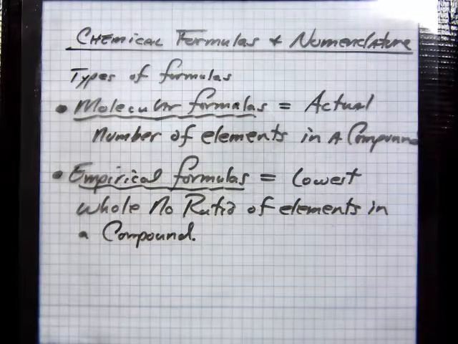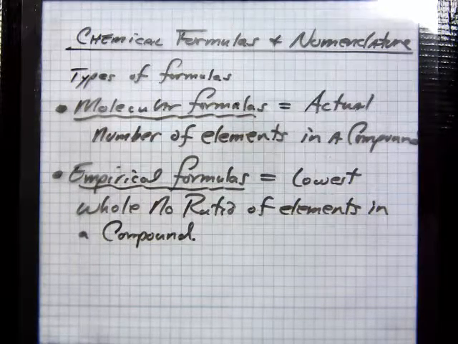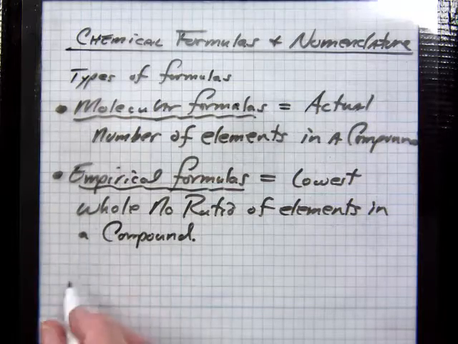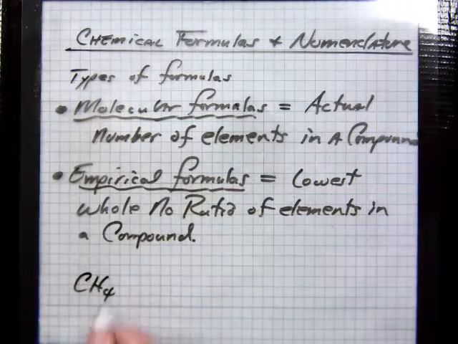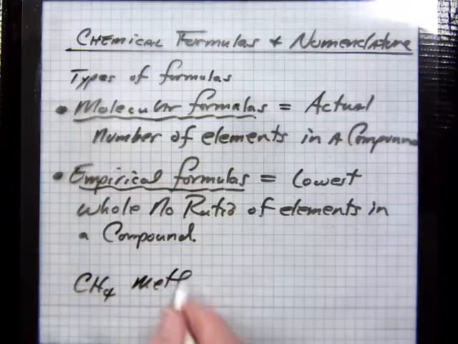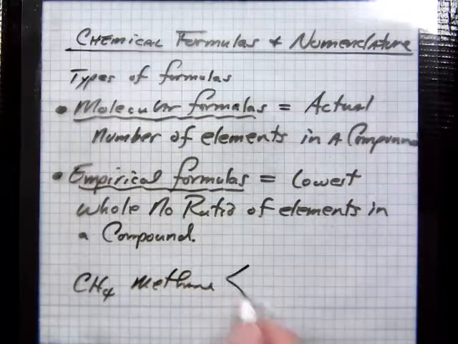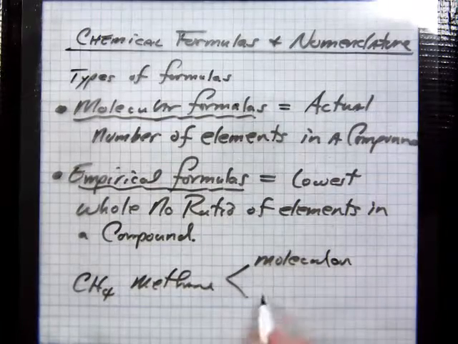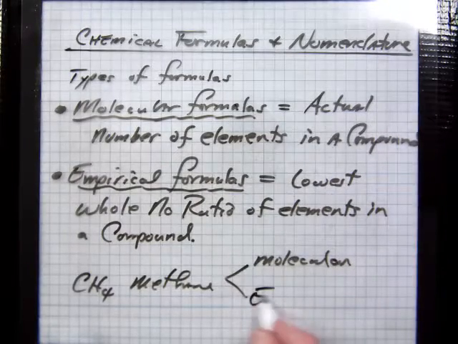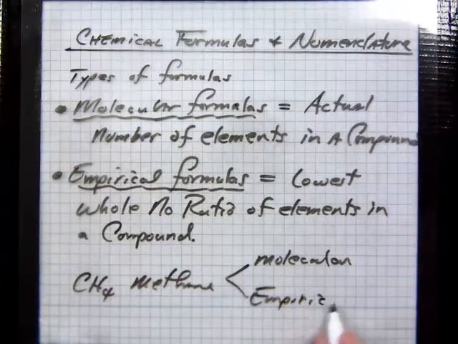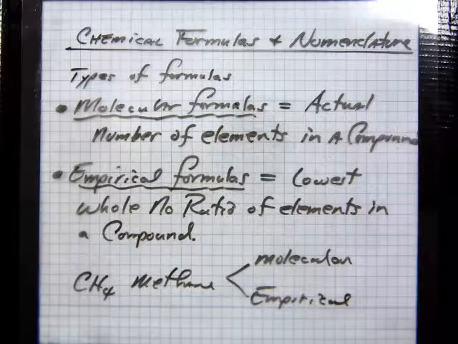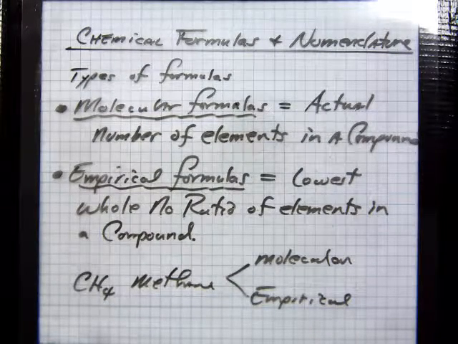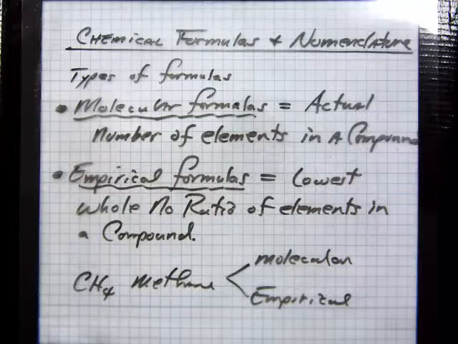An empirical formula may also be a molecular formula. CH4 is methane. It is both molecular and empirical, because you can't reduce the subscripts to lower whole numbers from there.